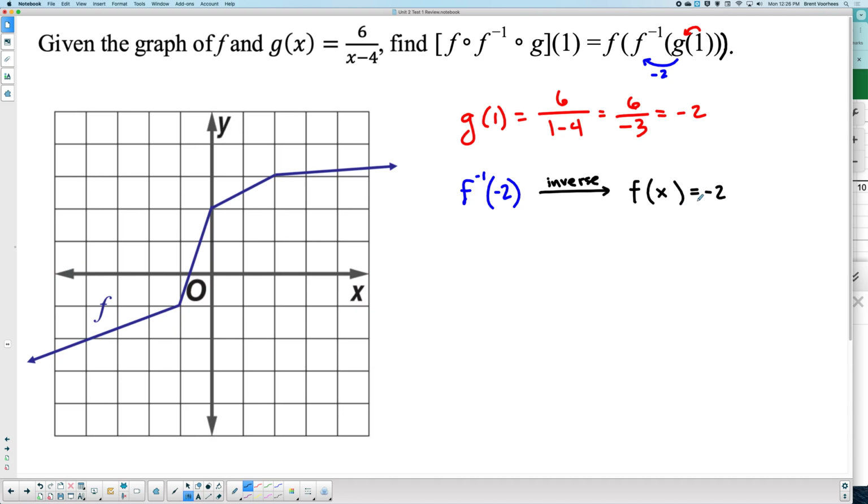And so I'm looking for, wait, are you saying that's an x value or y value then? That's a y value. So here's -2 on the y. That means I'm looking for where this intersects here. That's where y equals -2. It hits the graph approximately right there.